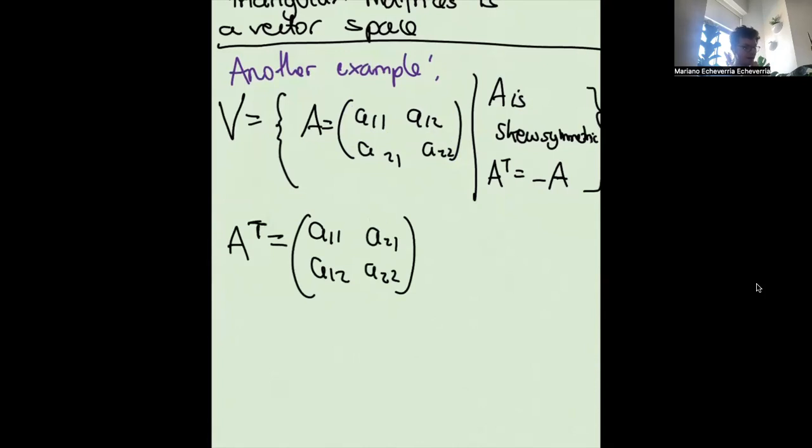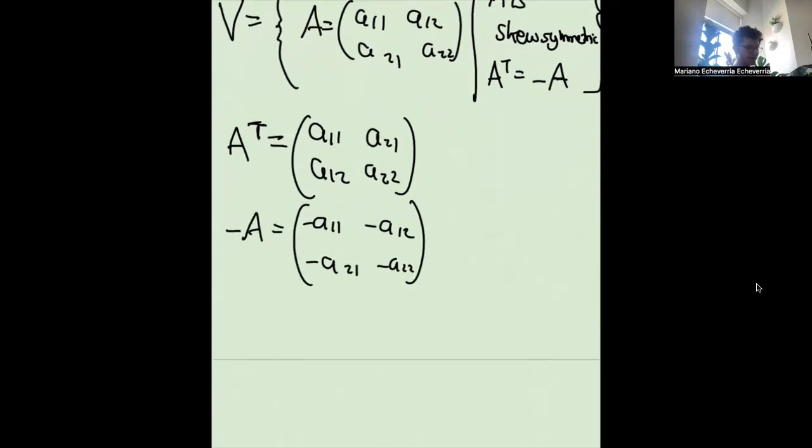So I want the transpose to be minus A, right? What is minus A? Minus A is just multiplying every coefficient of the matrix A by -1. So what happens when A transpose equals minus A?